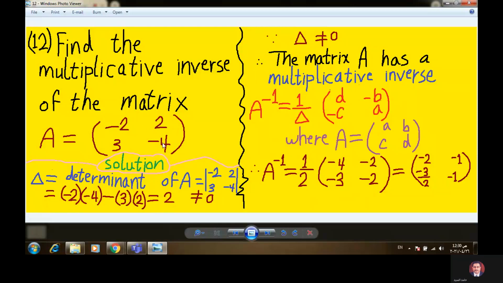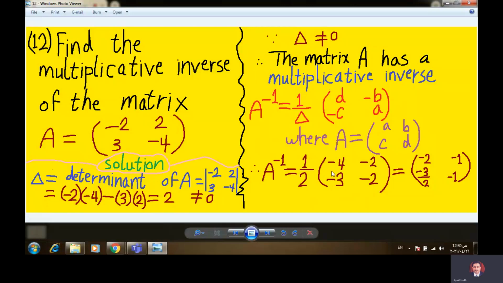Put negative 2 instead of negative 4 and negative 4 instead of negative 2, as you see here. Change the sign of negative 2 and negative 3, as you see here.